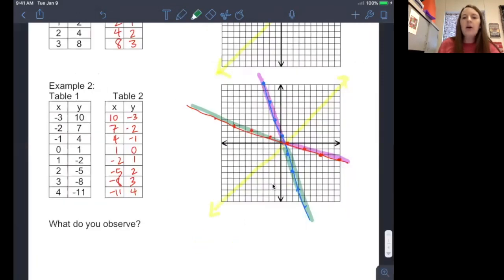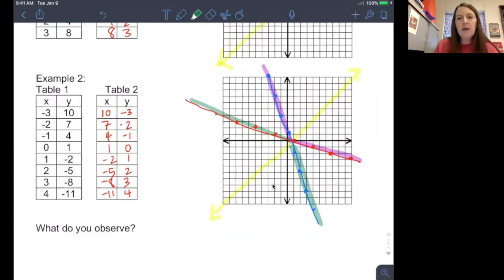So in both instances, when we flip-flopped our x and our y value and created the inverse, we reflected our points across the line y equals x. If we were to talk distance, this point and this point are going to be the same distance from the yellow line. This point and this point are going to be the same distance from the yellow line.